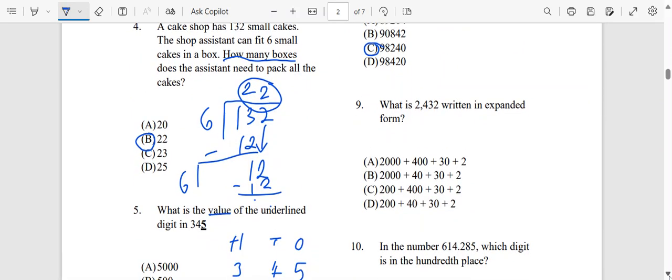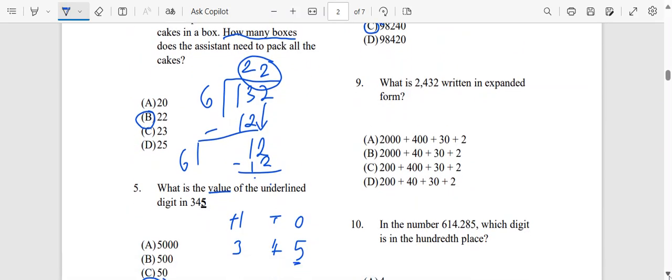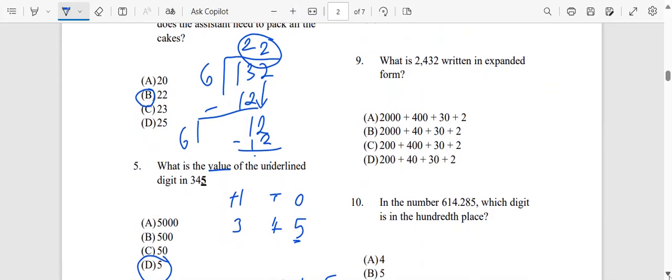Let's continue. What is 2,432 written in expanded form? Remember when we did this? I remember telling you that when it comes to writing numbers in expanded form, we stretch the number, like a rubber band. And this, of course, also is a place value question.